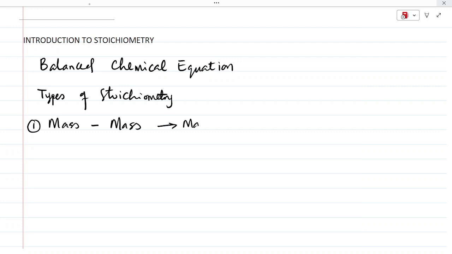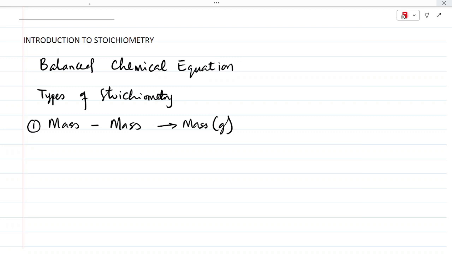Always remember that your mass is in grams. So you see a question where they are asking you, what mass of this will react with this? That is mass to mass. Or you are asked, what mass of this will produce a mass of this? That is mass to mass.